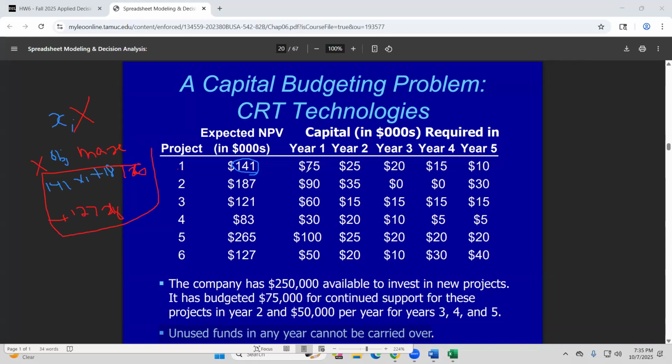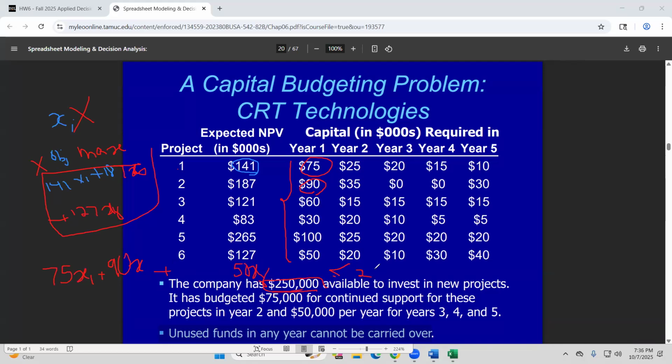Now we need to decide on the investment. So for year one, we have 251, right? So if we pick project one, we have to pay 75,000, right? So 75x1 plus, if I pick project two, I'm going to spend $90 on it, 90x2, all the way to the last project, 50x6, should be less than or equal to the given budget, right?